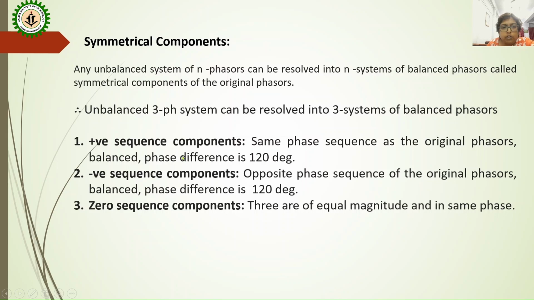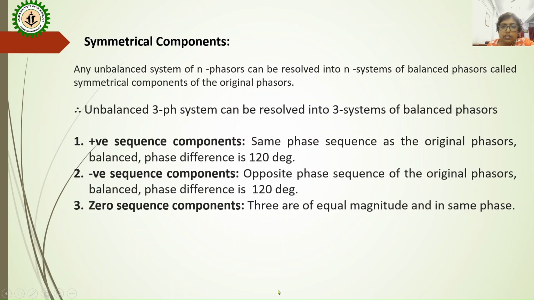In the case of the positive sequence component, the phase sequence is the same as the original phasors. Individually it is balanced and the phase difference is 120 degrees. The negative sequence components have the opposite phase sequence of the original phasors. It is individually balanced, and the phase difference is 120 degrees.